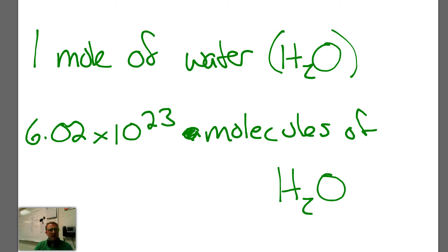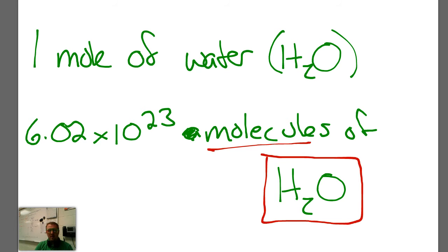Now, notice that here I'm using the term molecules, which means that if I consider H2O to be a single unit, and I have 1 mole of that unit, then I have 6.02 times 10 to the 23rd molecules of H2O. Now, does that actually mean that I have 6.02 times 10 to the 23rd atoms of hydrogen and oxygen? Not necessarily. But it does mean I have 1 mole of water molecules.